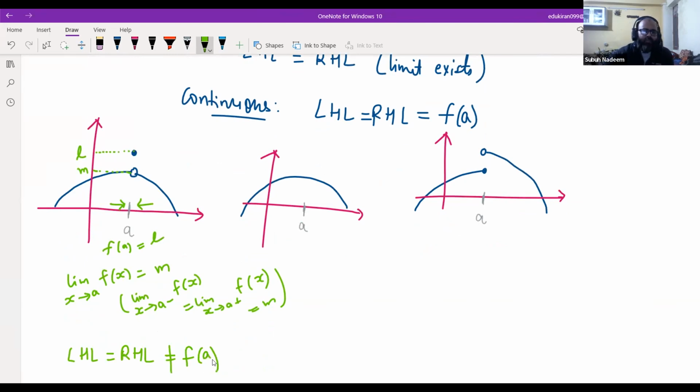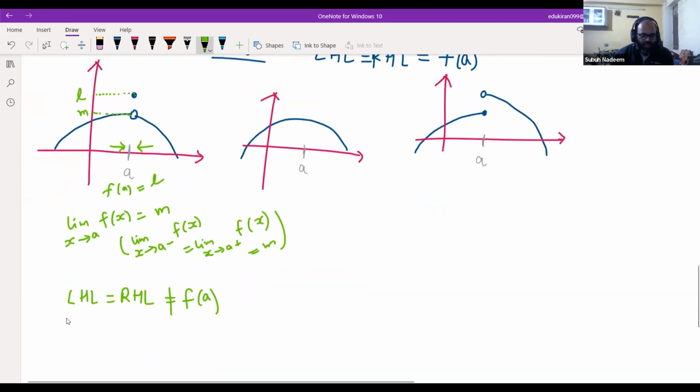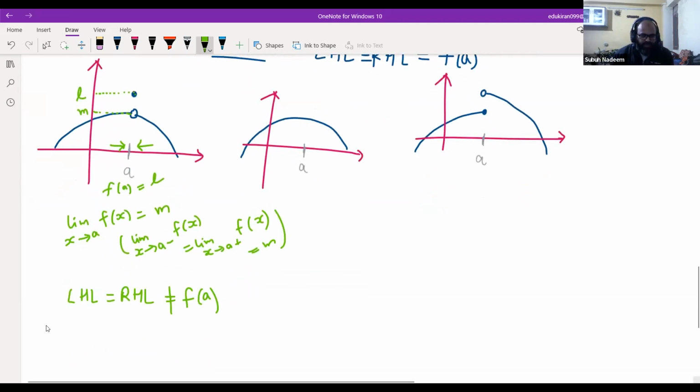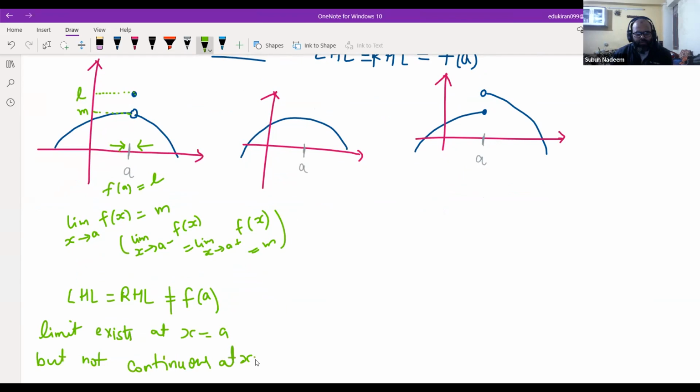You will move the pen, then you will lift it, make a dot here, and then again move the pen. So here we say that limit exists at x is equal to A, but not continuous at x is equal to A. So this is what we can say about this first graph.